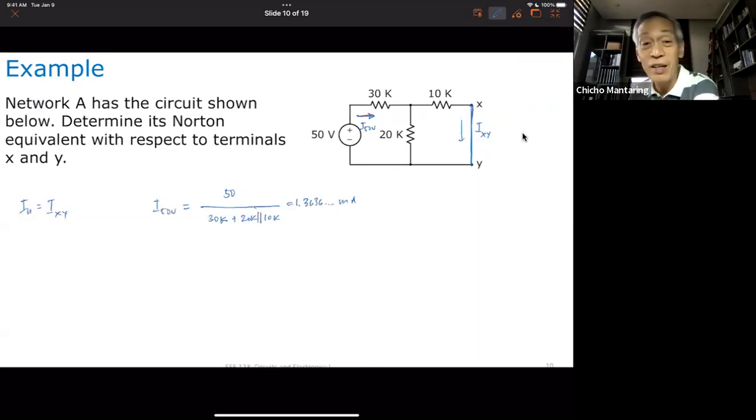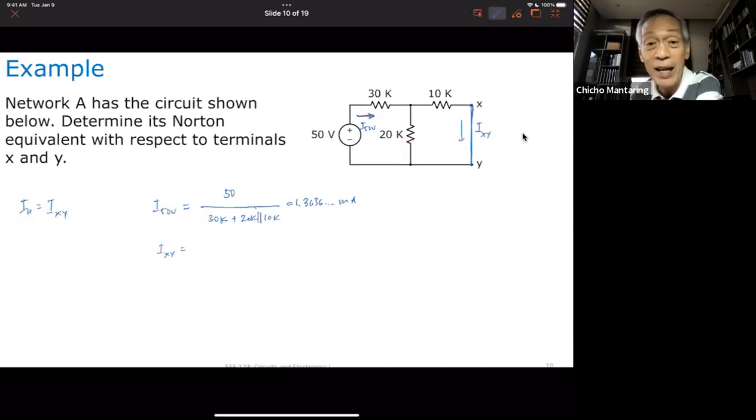Okay. Ngayon, alam na natin yung I 50 volts. Ano ngayon yung I_XY? Now you can use, as suggested by Renz earlier, current division. So this current will flow through two resistors that are in parallel. So this current will divide into two resistors in parallel.